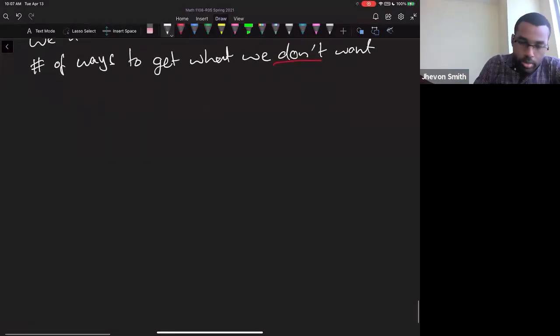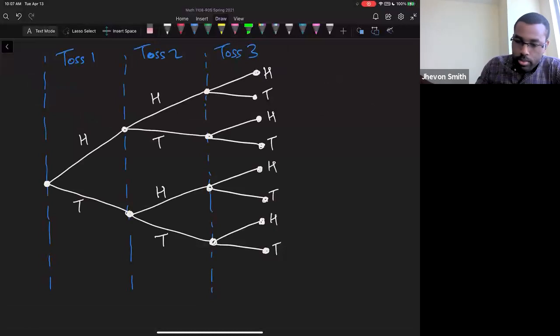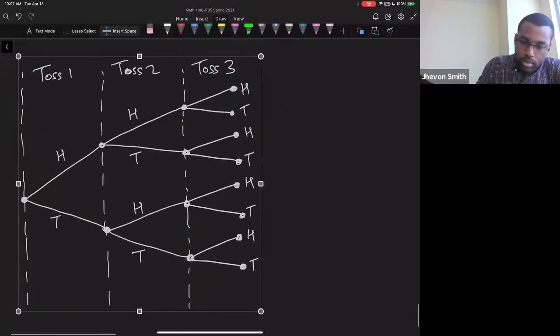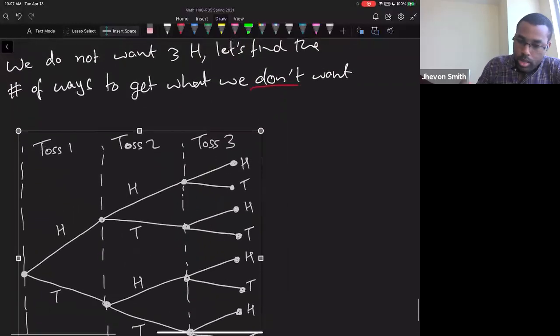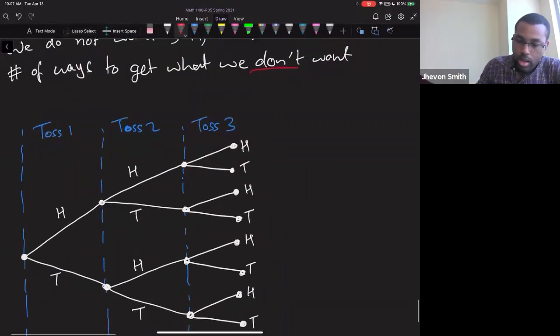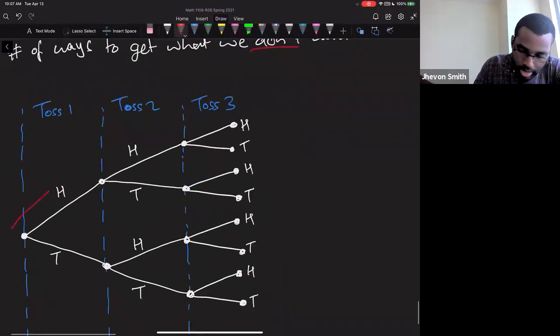In this case, you'll notice that it's actually easier to count that. I'll pick a red. What I don't want is 3 heads. You'll notice that that literally only happens one way.